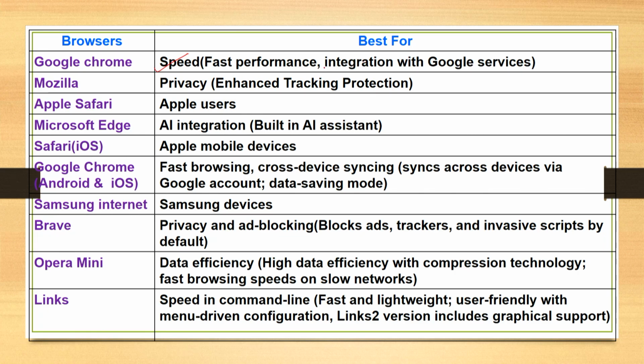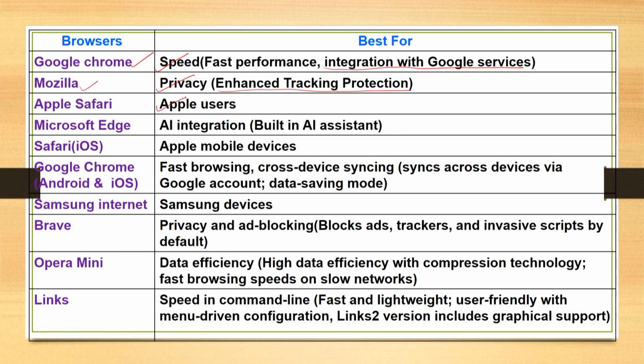And it also has an integration with the Google services. Mozilla provides privacy and enhanced tracking protection. So when privacy is the priority, then one can go for the Mozilla browser.